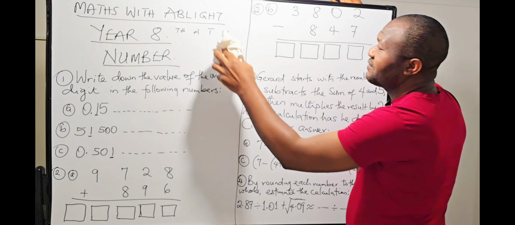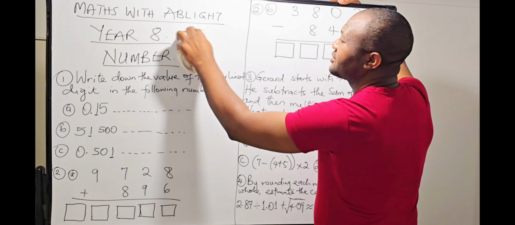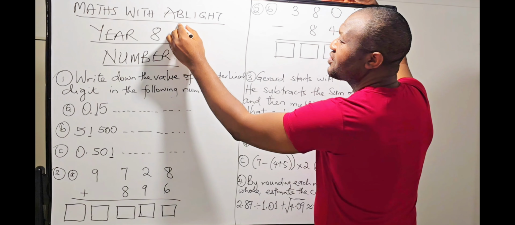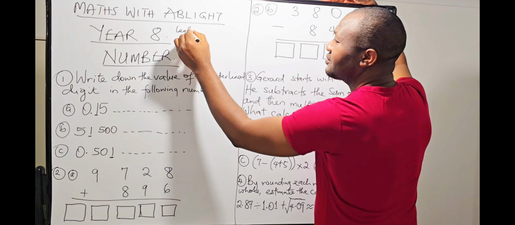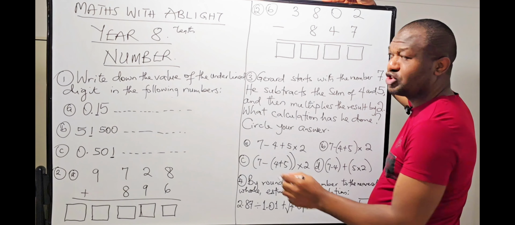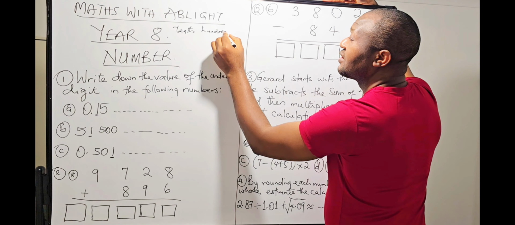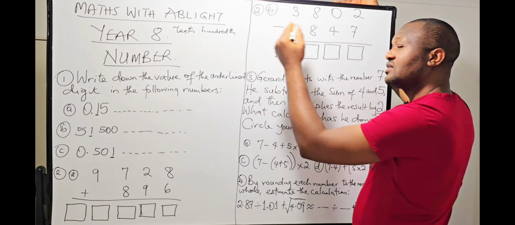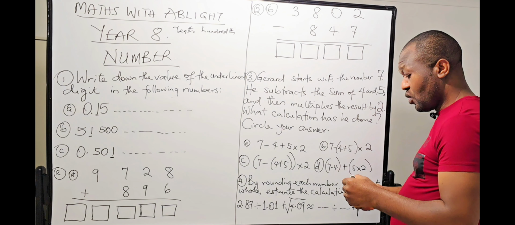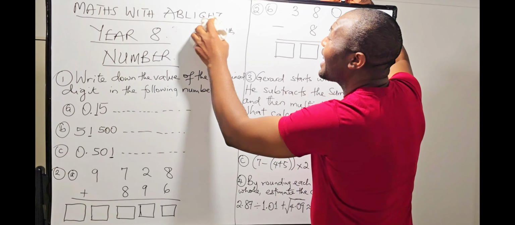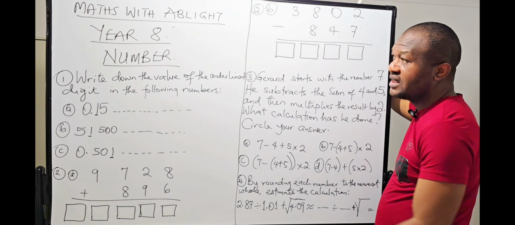But when it is after a decimal point, you name them from tenth with a th, hundredth with a th, thousandth, and onward towards your right hand side, starting from after the decimal point.